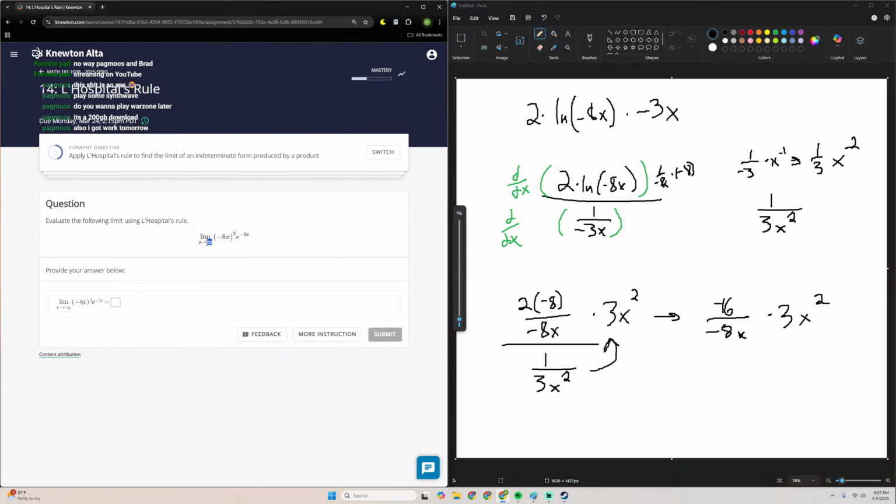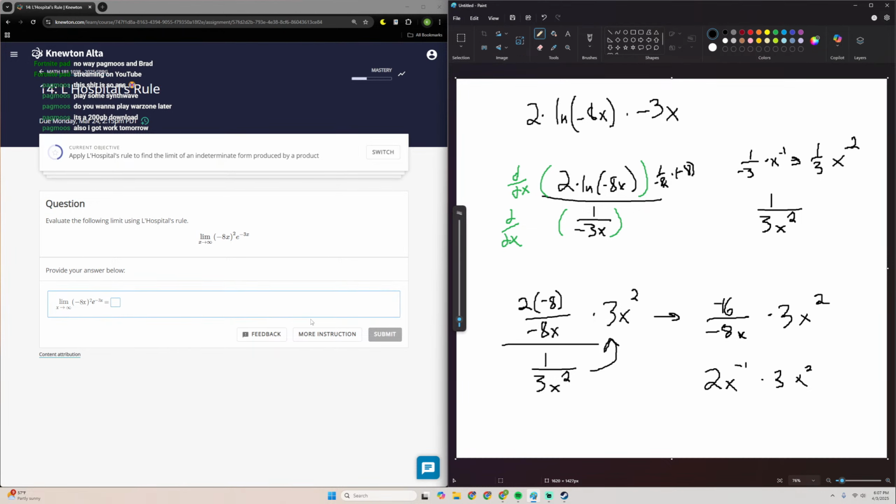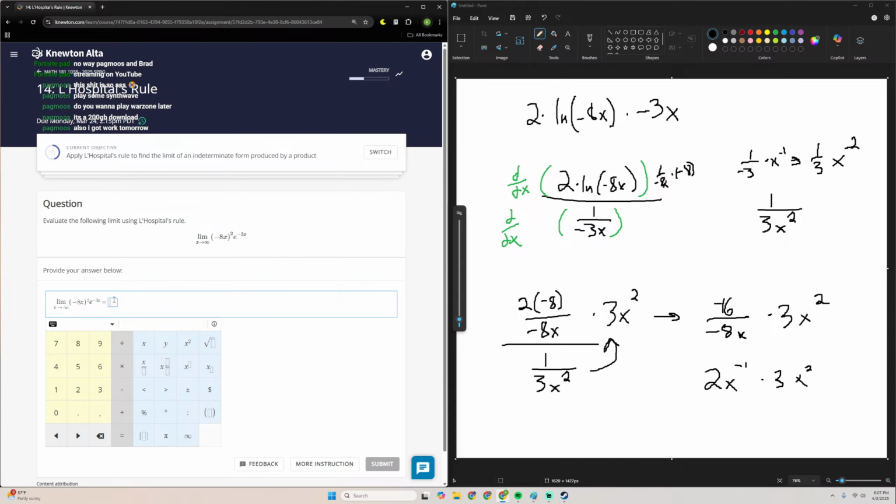How am I supposed to put infinity into this? This becomes 2x negative 1 times 3x squared. This just goes on to infinity. And e to infinity doesn't make sense either. Does it? This becomes 6. This becomes x.